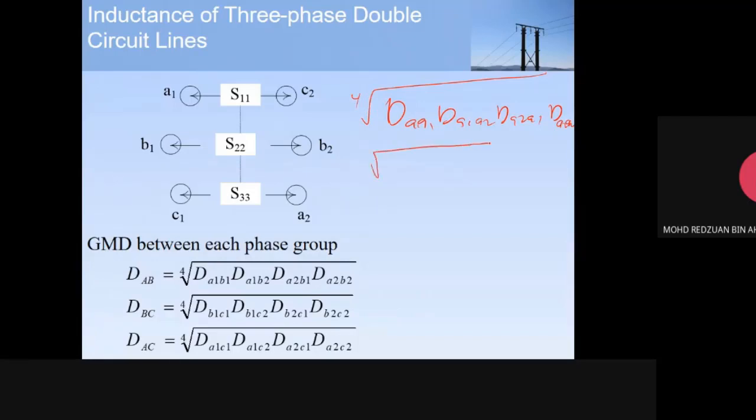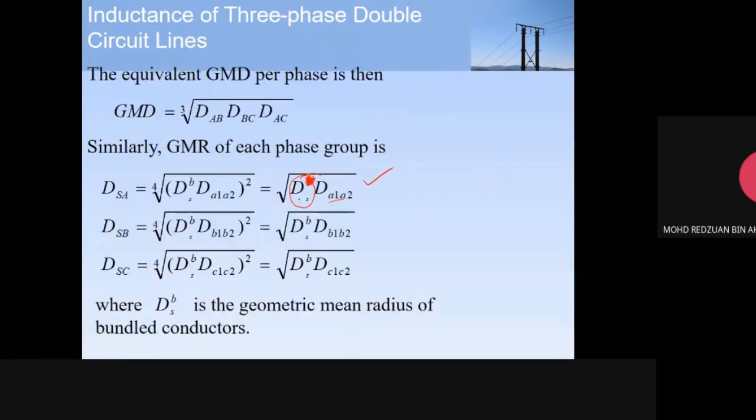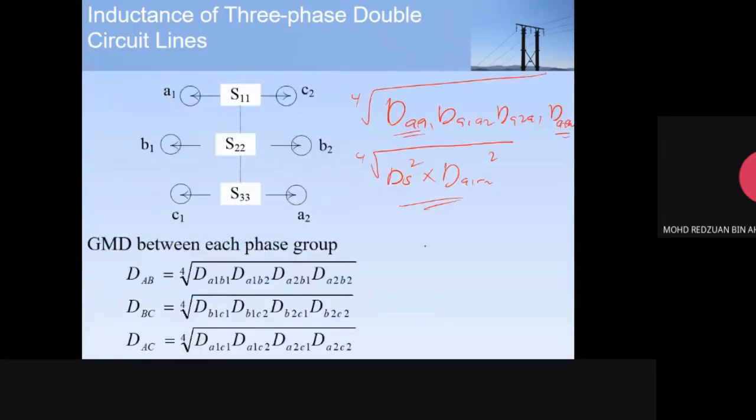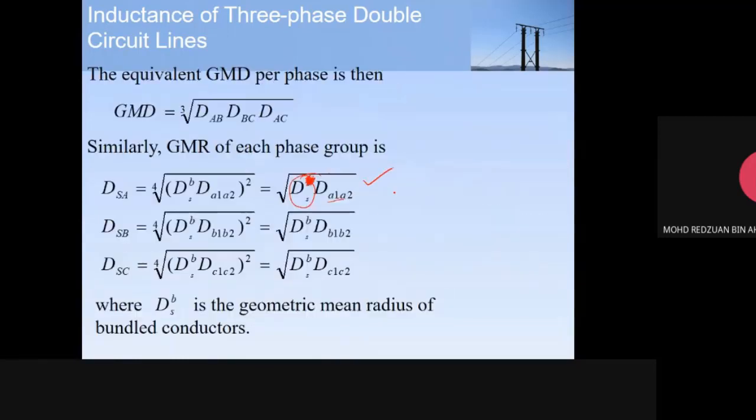You can simplify this: Ds squared times dA1A2 squared, to the power of 1/4, which becomes the square root of Ds times dA1A2. So you get this equation. Actually, you can derive this equation.